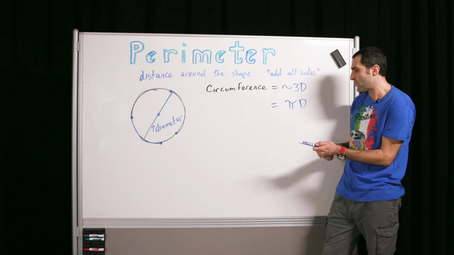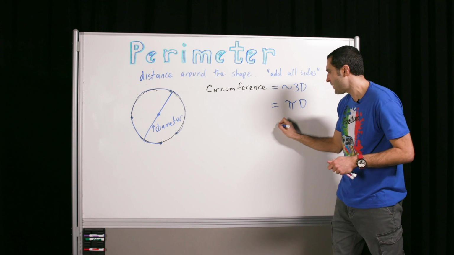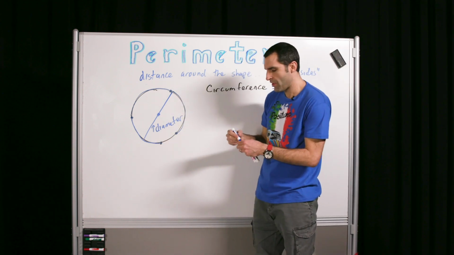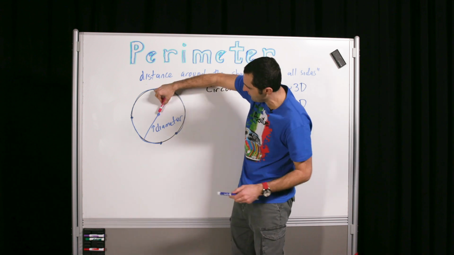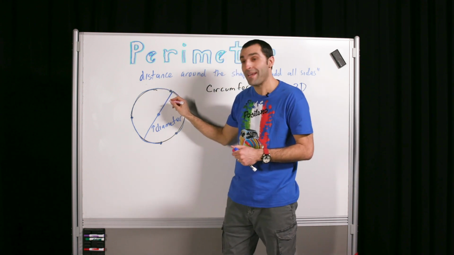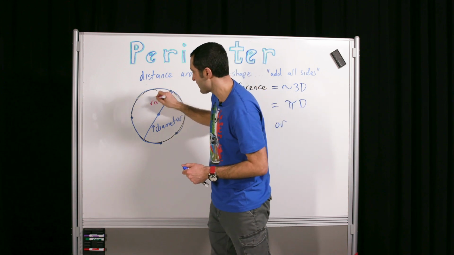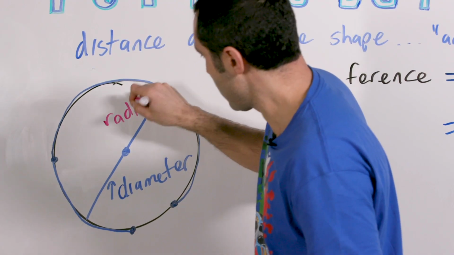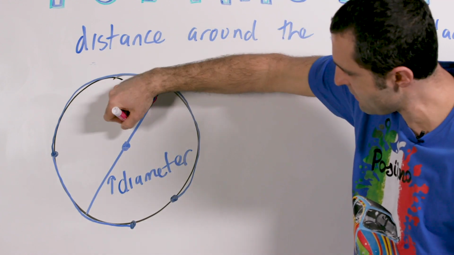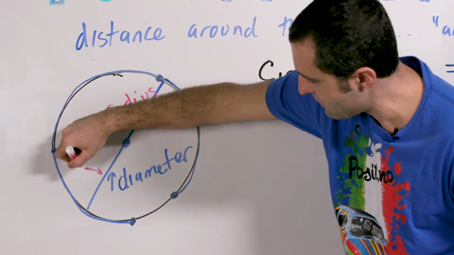You may see in other books that the whole length is diameter. So I could say that half of it, the length of this guy, is called the radius. Radius is half the diameter. If this is the radius, then this is also the radius.